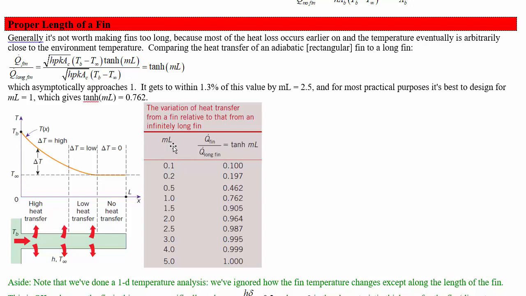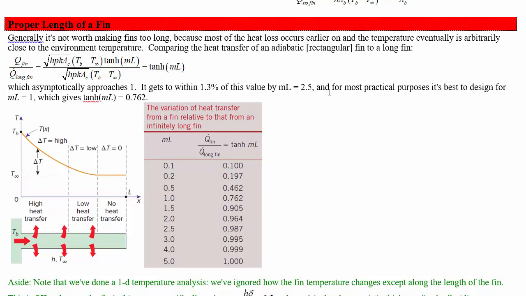Once you have m times L equal to 5, you're at pretty much 100% of the heat dissipation you're going to get. Even 4 is at 0.999 of the heat dissipation you could get by making it longer. So generally, this is way too much mL, way too much length of the fin, because if you were to, say, cut it in half to 2, you would only drop the heat dissipation by the fin by less than 4%, so 3.5% or so, compared to the fin being twice as long, which means you could save a lot of material and have about the same dissipation.